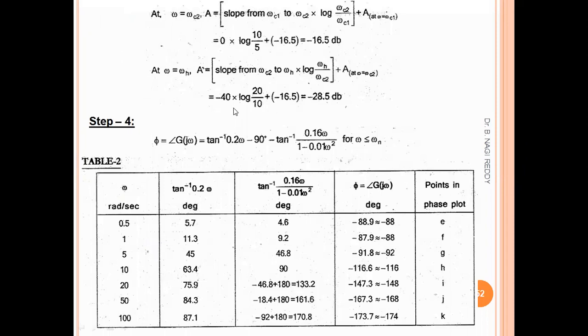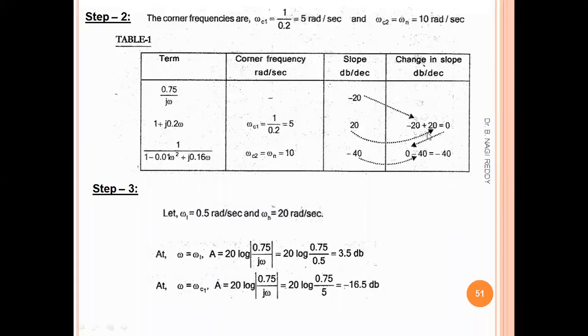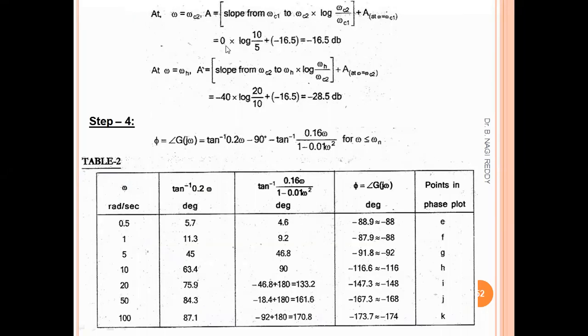will have this formula. In this formula, the change in slope from omega C1 to omega C2 into log omega C2 by omega C1 plus previous gain. The change in slope from omega C1 to omega C2 can be taken from this table 1. You can see that this is the change in slope. So take this change in slope, substitute here, which is 0.